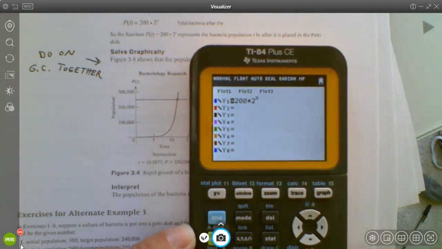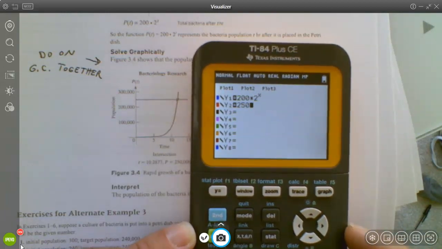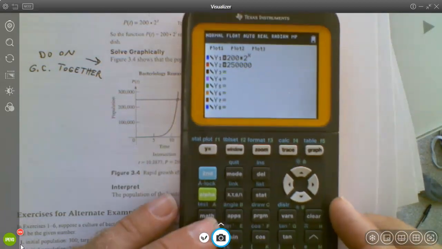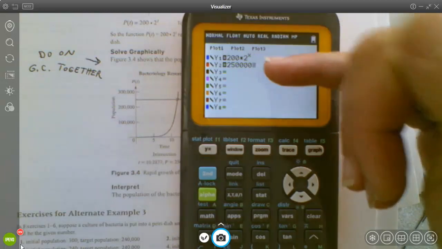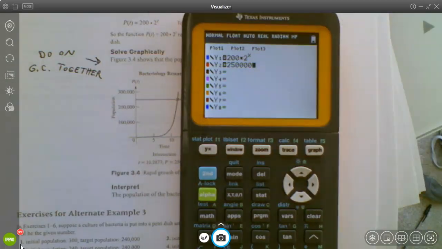And our future amount is going to be that 250,000. And so what we're saying is, when are those two things going to meet, right? When is our function going to equal 250,000?